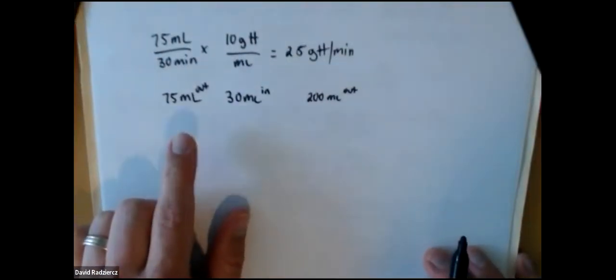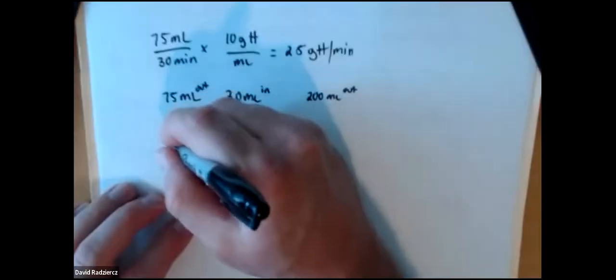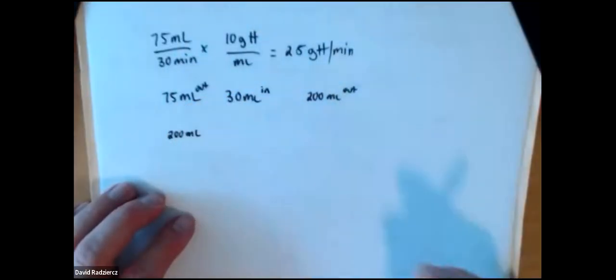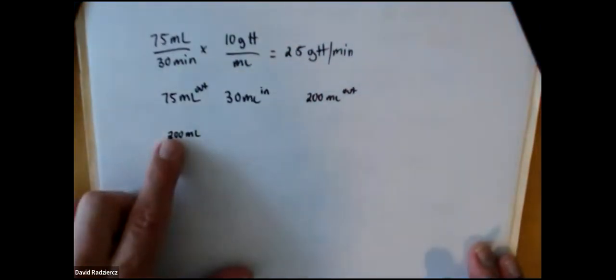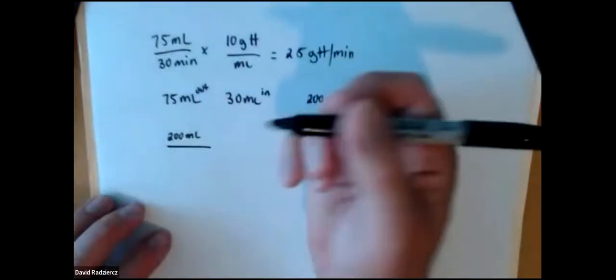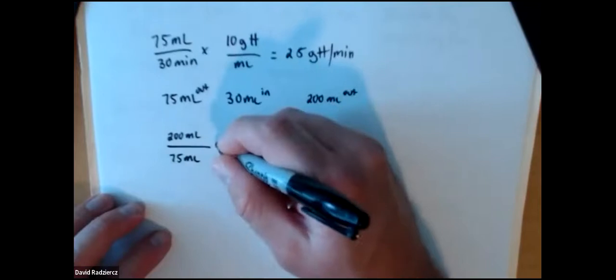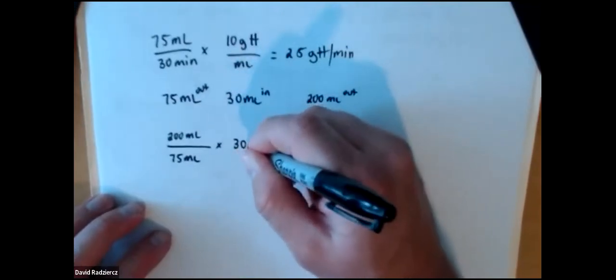The way I would set up these types of questions is I always start off with what is my actual output. Then I divide that by my potential output, which is the 75, and then multiply by the replacement volume.